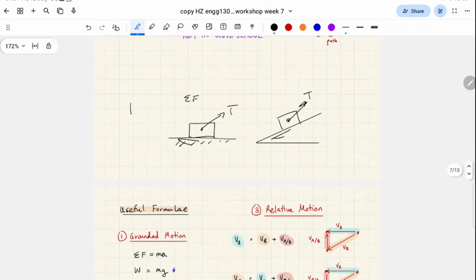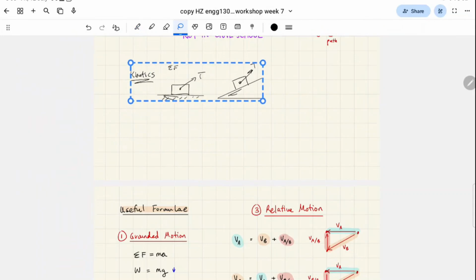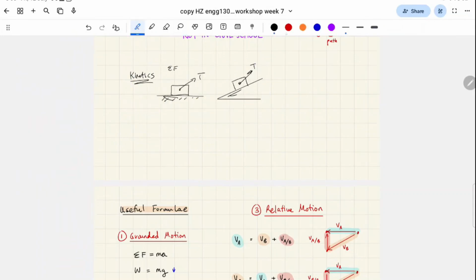But that's technically kinetics. And with kinetics, there's more to it than just Newton's second law. We're going to deal with work-energy methods and impulse-momentum methods.